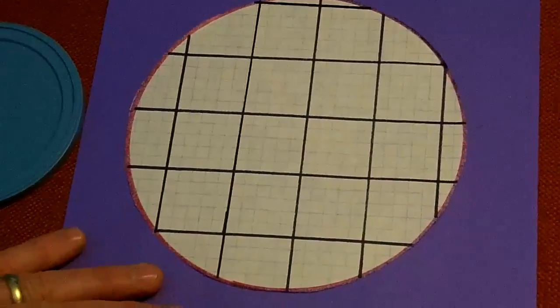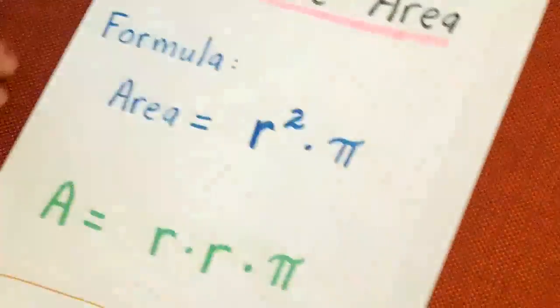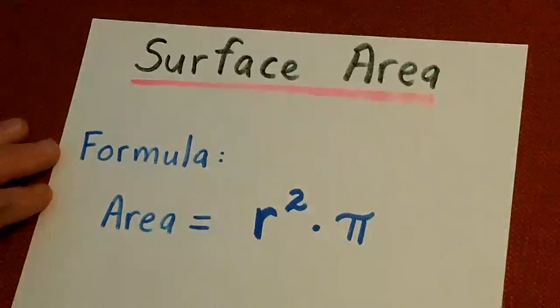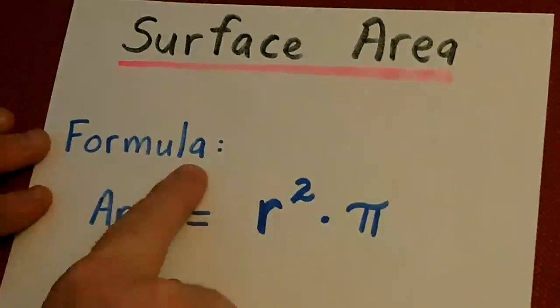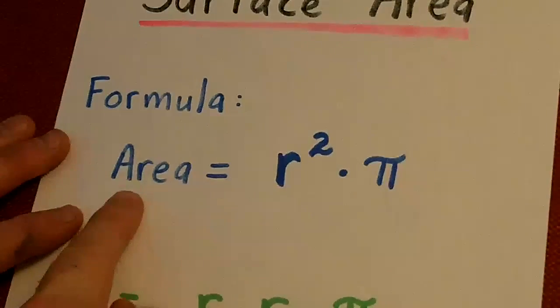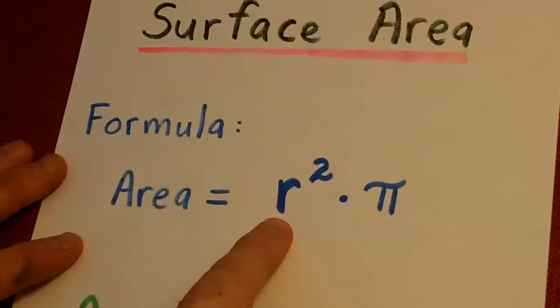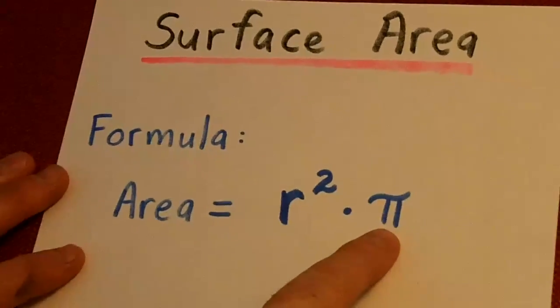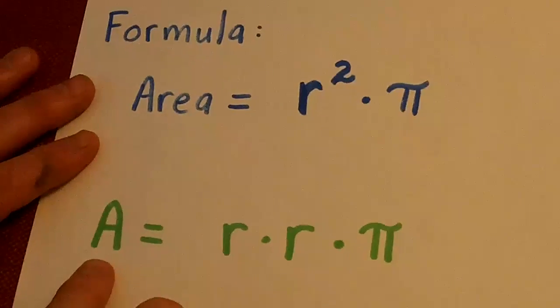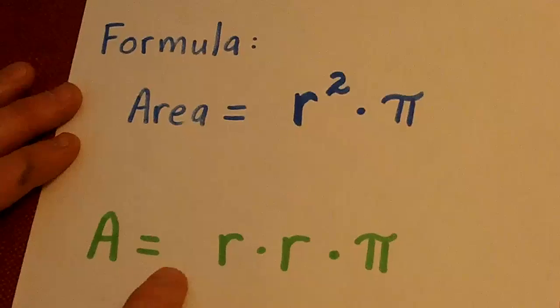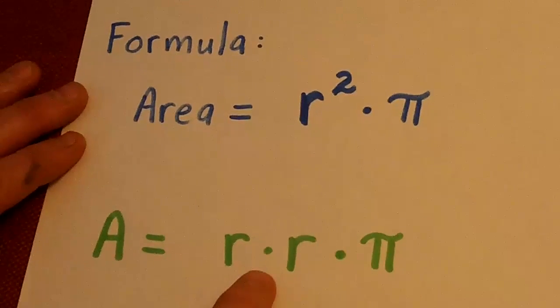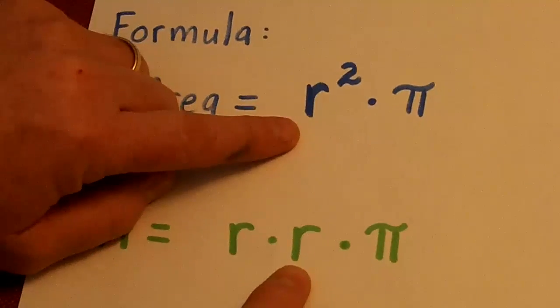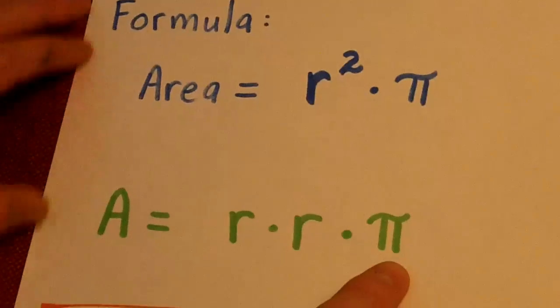Now, to find out the area of a circle, there is a particular formula. That formula for area of a circle is the radius squared times pi. Another way to say that is the area is equal to the radius times the radius, which is radius squared, times pi.